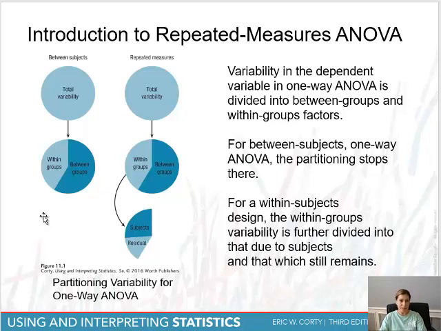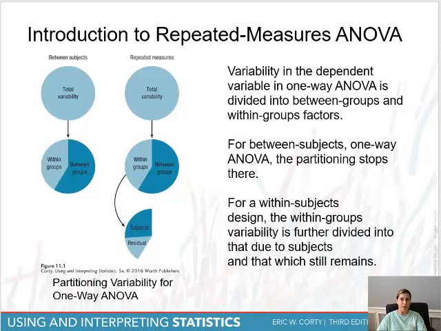So let's say we're doing a study looking at the effect of a drug on behavior. We have some participants who are given some sort of placebo. We have some participants who are given a low level of drug and some people who are given a high level of drug. We would expect that depending on the group that you're in, you're going to perform a little differently. You're going to behave differently, right? There's going to be variability based on the group that you've been assigned to.